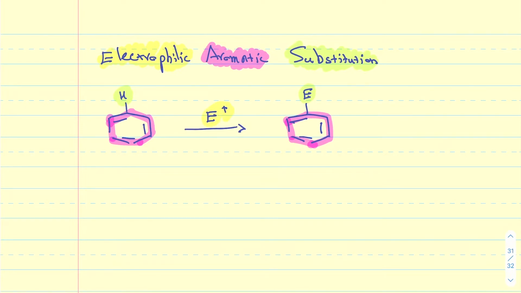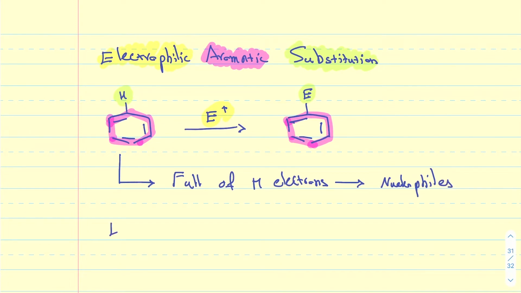Now, how does this kind of reaction work? Well, aromatic compounds are full of electrons. They have a ring full of pi electrons, and thus they are nucleophiles. They have a tendency to want to react with things that have electron deficiency.